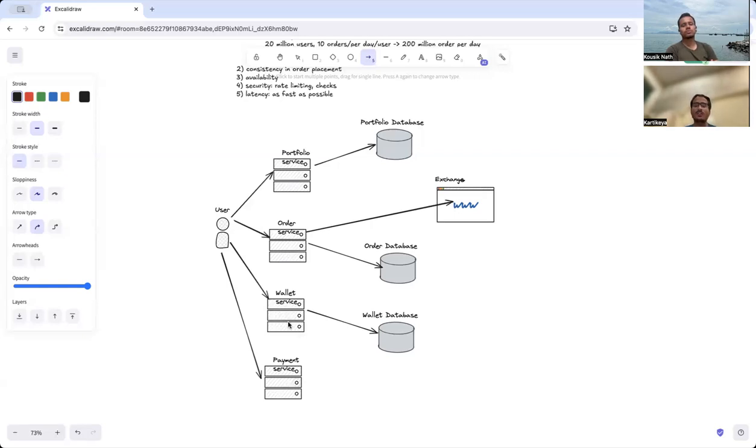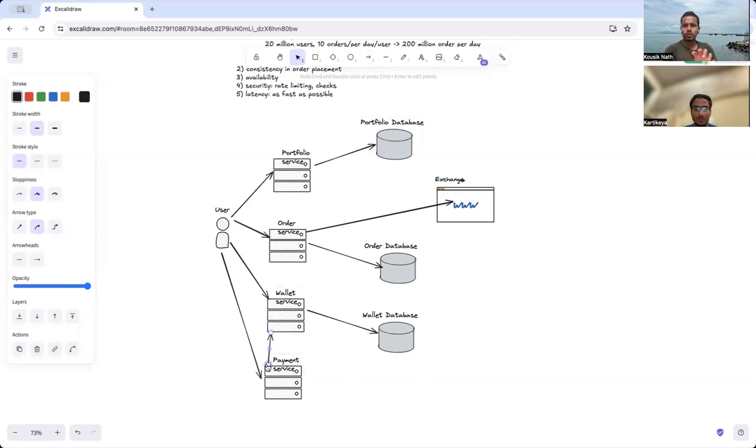For that transaction as well, we will be passing this idempotency key. So in short, the idempotency key is very important, and the flow will start at the wallet service. This is roughly how the services will be involved.